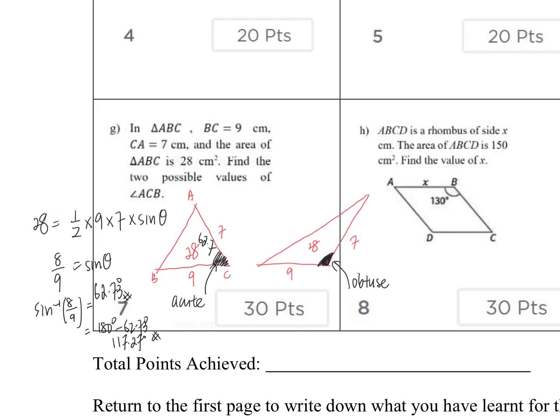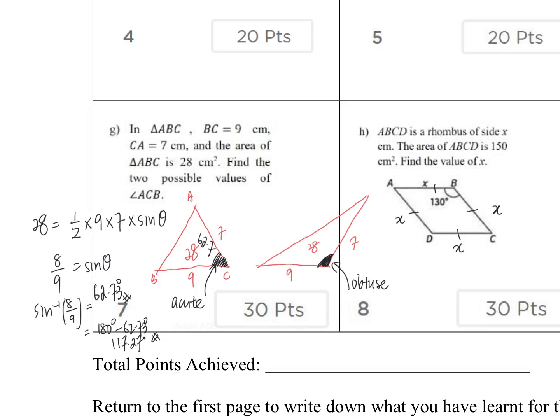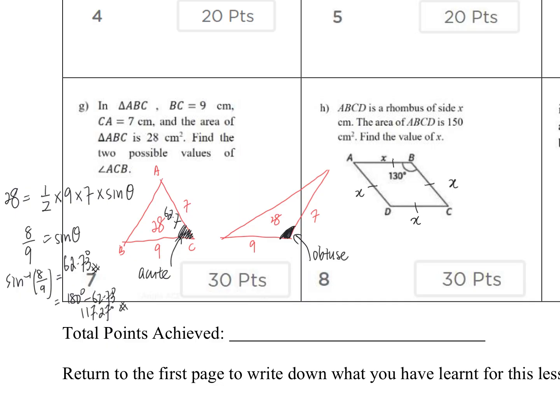I have a rhombus. Rhombus means what? What's so special about rhombus? All the sides are equal. So meaning everything is x. Okay? Then they say the whole area is 150. How to find the area of ABCD?